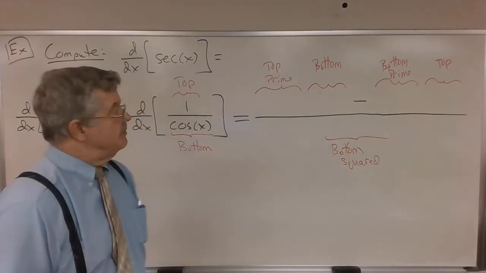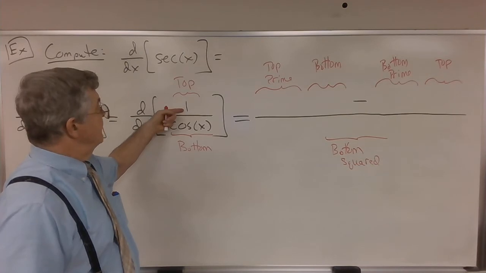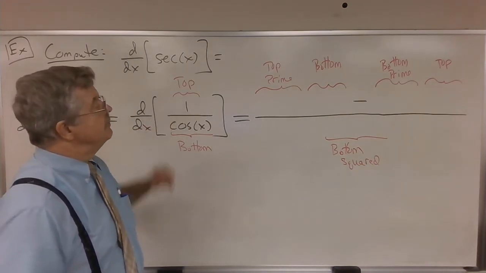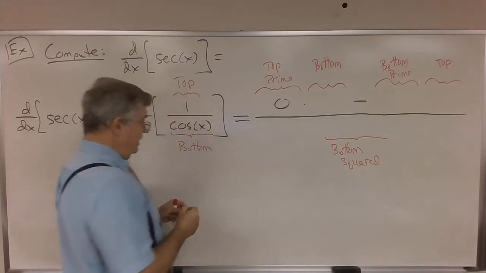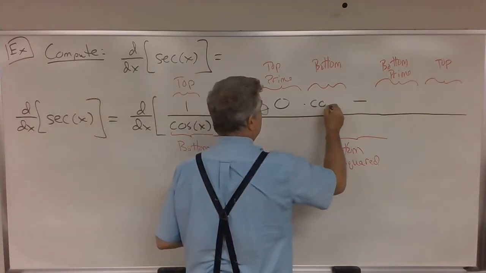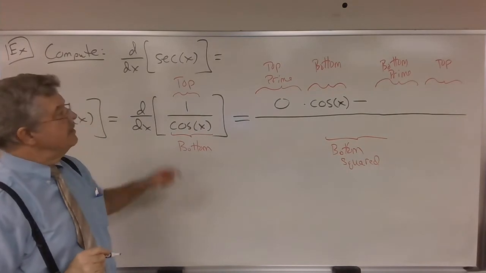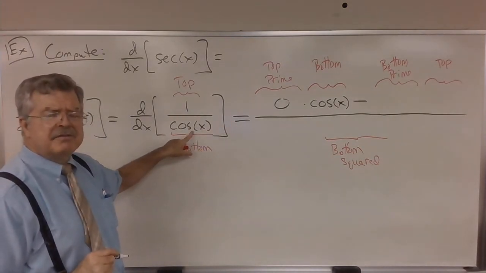And I just fill in the blank, or the blanks. Top prime. Well, the top is a constant, 1. So top prime is 0 times the bottom, cosine of x, minus bottom prime, derivative of cosine of x.